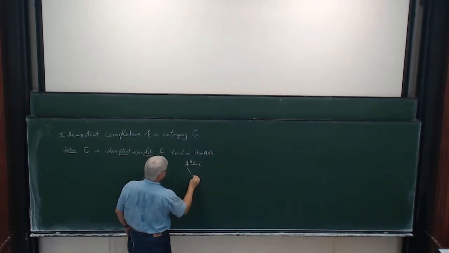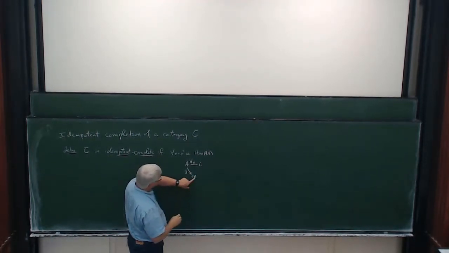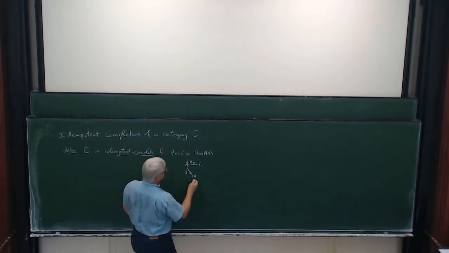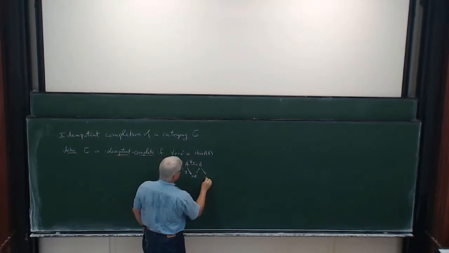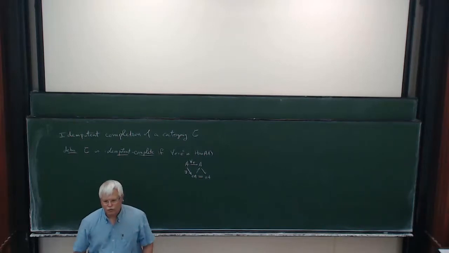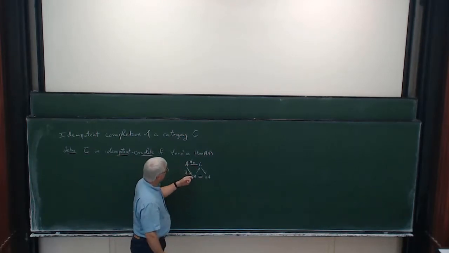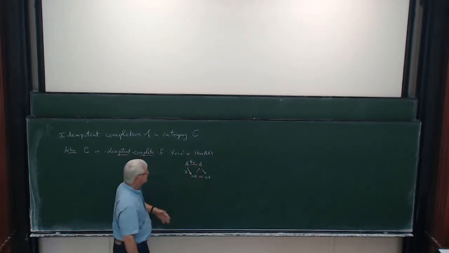There exists an object, which I'll call EA, and a morphism from A to EA, and a morphism back, such that if I do this twice, I get the identity. So this is just a fancy way of saying that if you have an idempotent, it splits as a projection onto some factor followed by the inclusion of that factor. And this makes sense for any category.